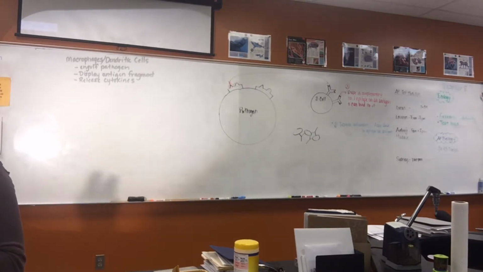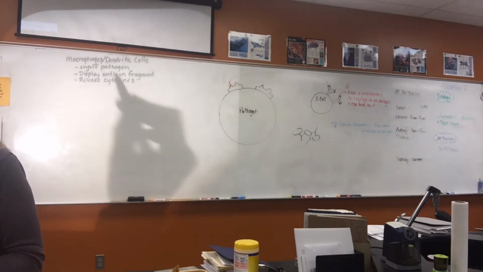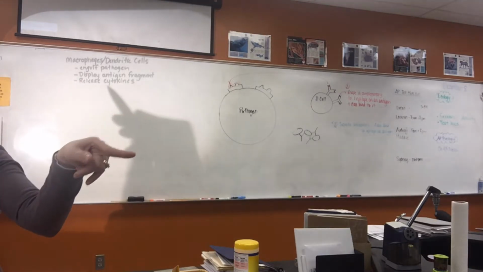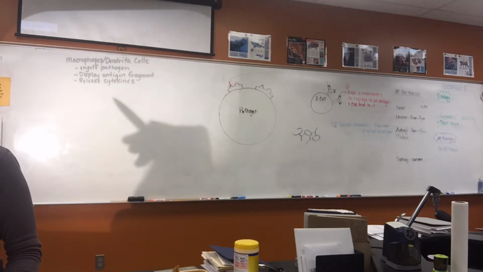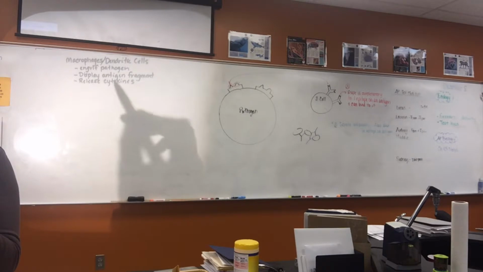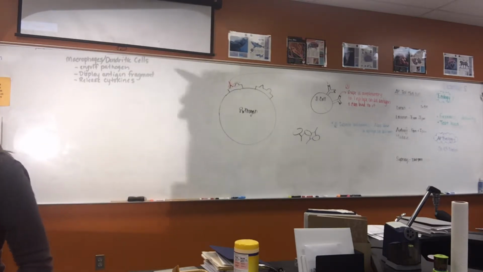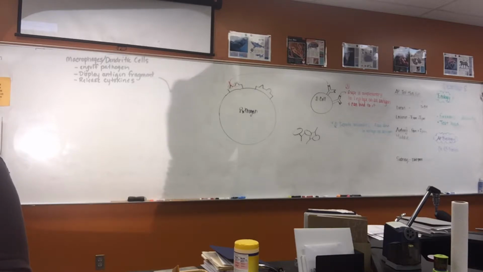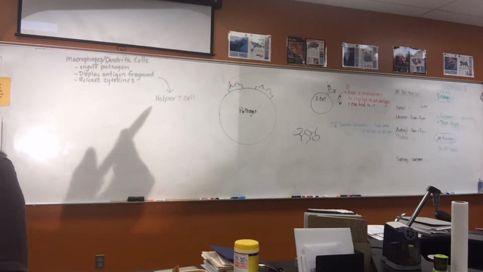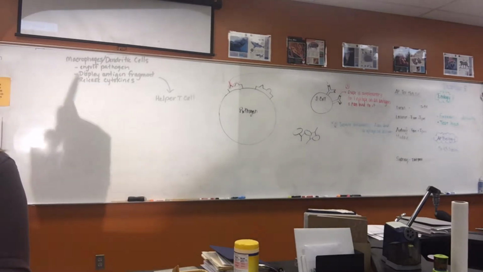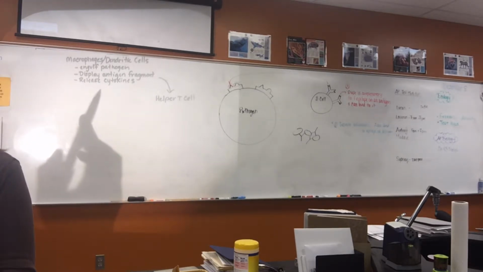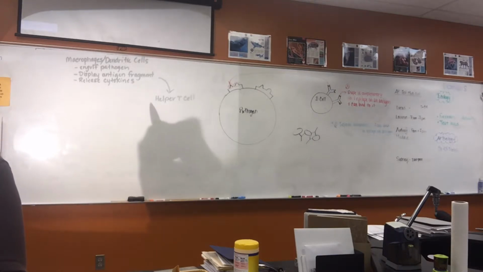So we have all that going on here. What happens next? You said this affects another type of cell. What type of cell? Helper T cell. So the helper T cell, what does it do to this? It binds to the antigen, right?